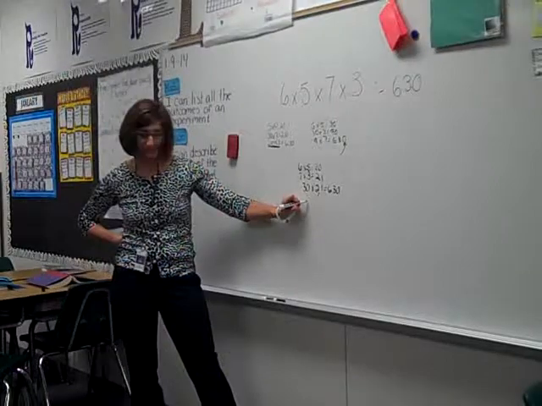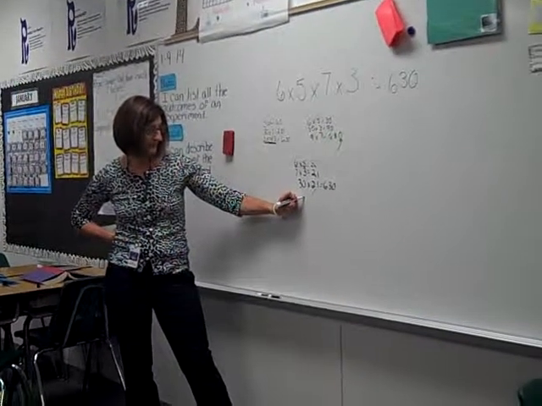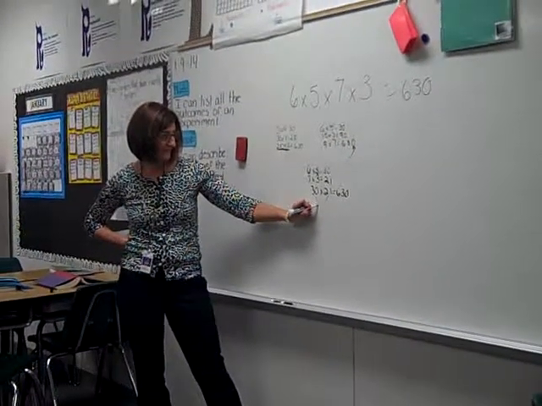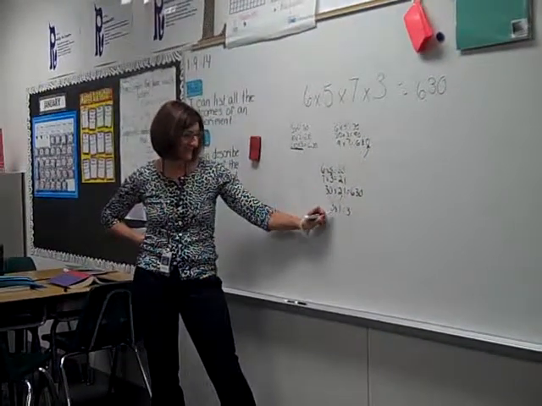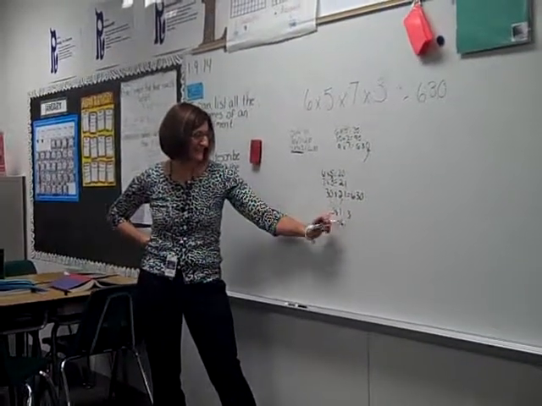Okay. Well, so 3 times 1 equals 3. And 3 times 2 equals 6. There you go.